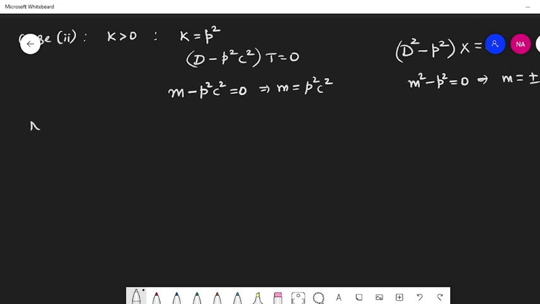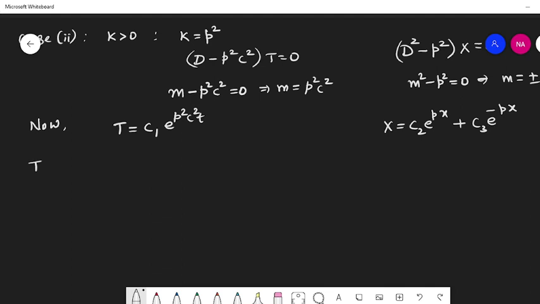Now the solution is capital T equal to C1 e power p square c square t, and this side capital X equal to C2 e power px plus C3 e power minus px.